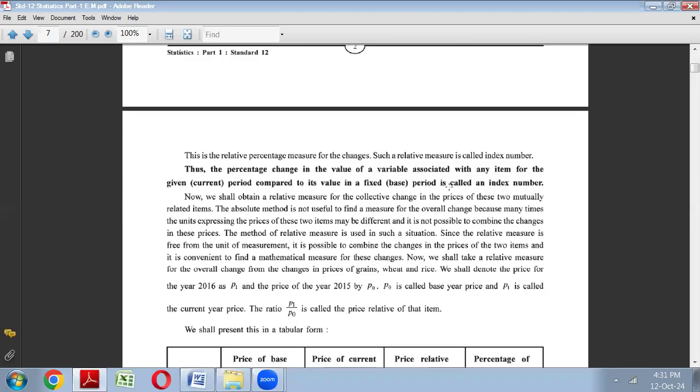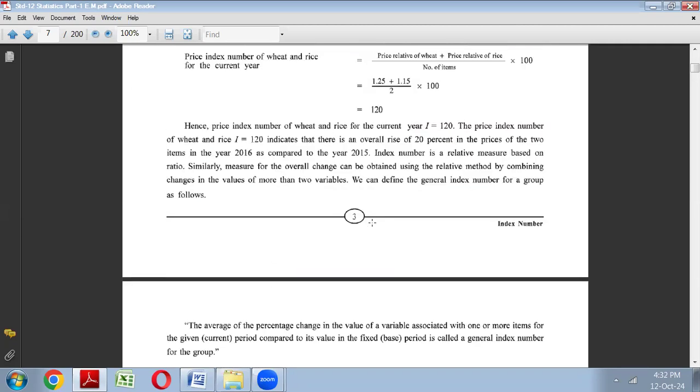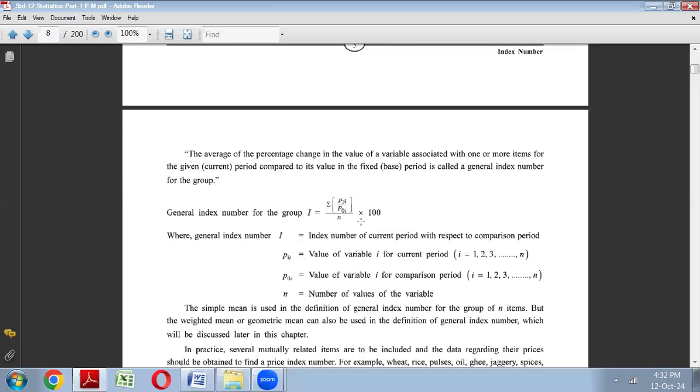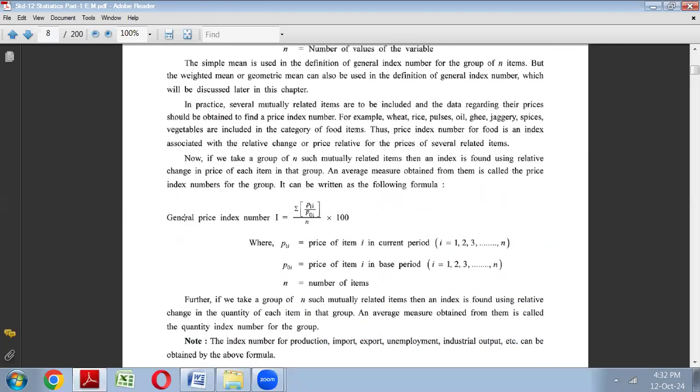That the percentage change in the value of a variable associated with any item for a given period, compared to its value in a fixed base period, is called the index number. Now, simply look at the formula of index number: sigma P1 upon P0, upon N, into 100.